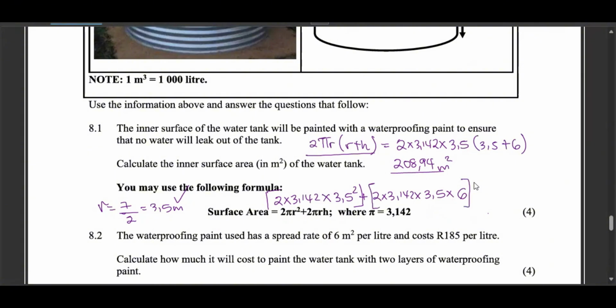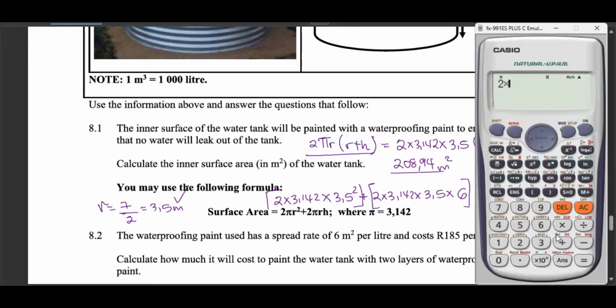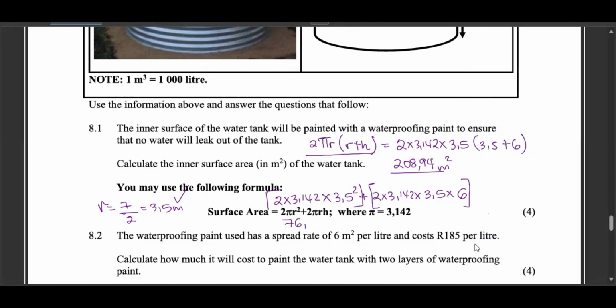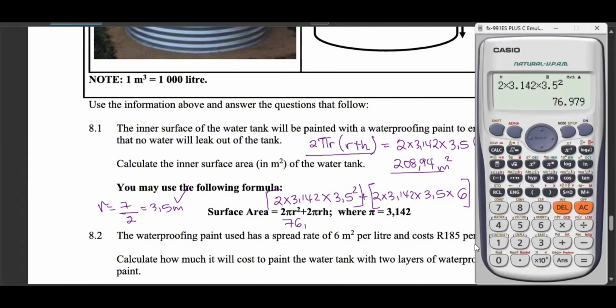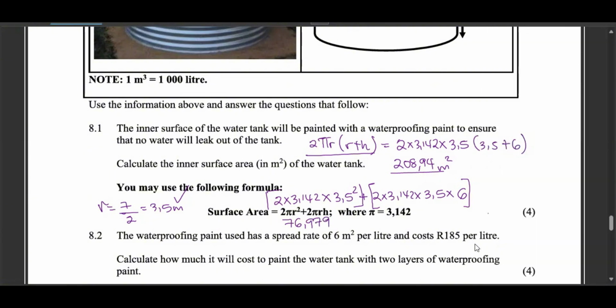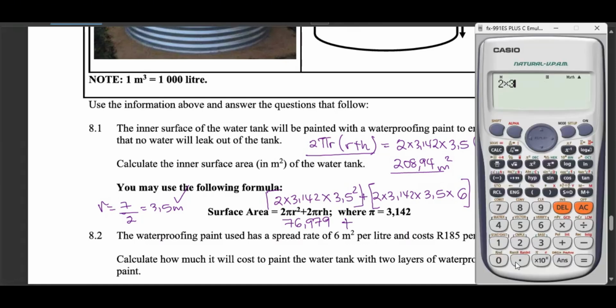You understand? Write this down. 2 times 3,142 times 3,5 squared, so it's 76,979, plus what do you get from the other side here? 2 times 3,142 times 3,5 times 6, it's 131,964.